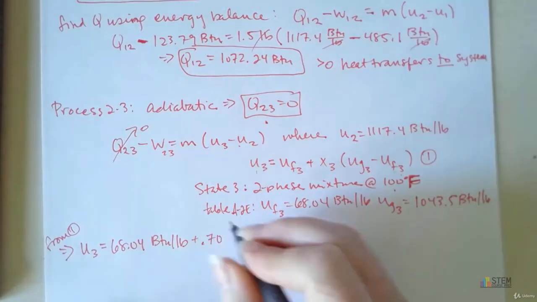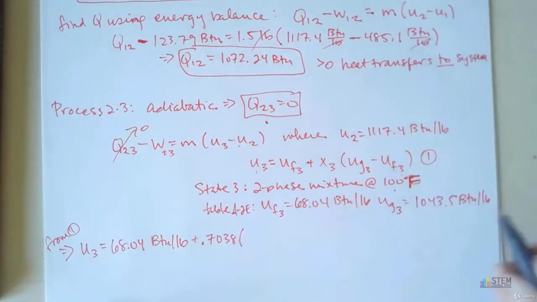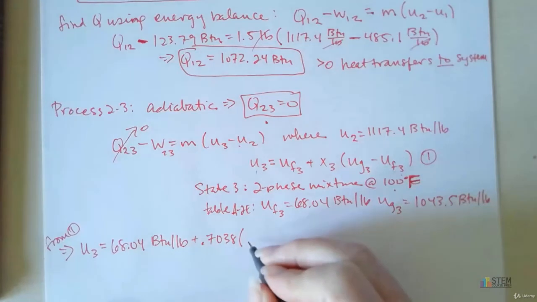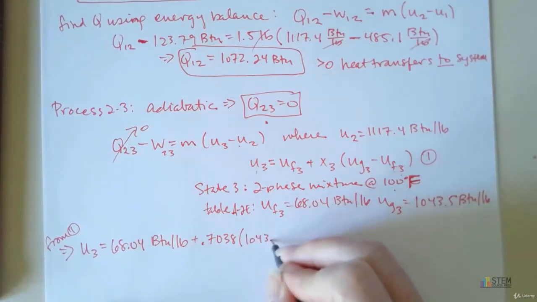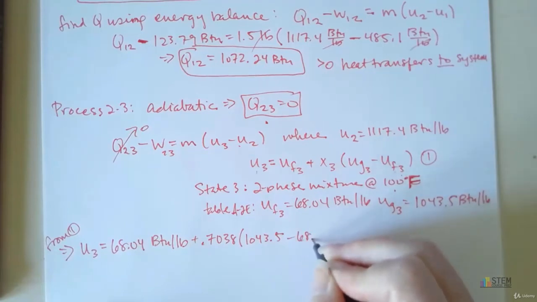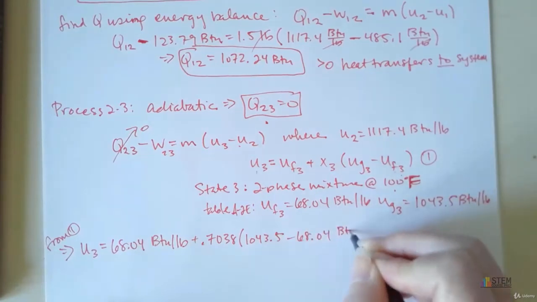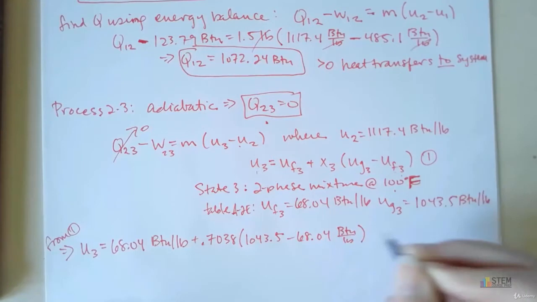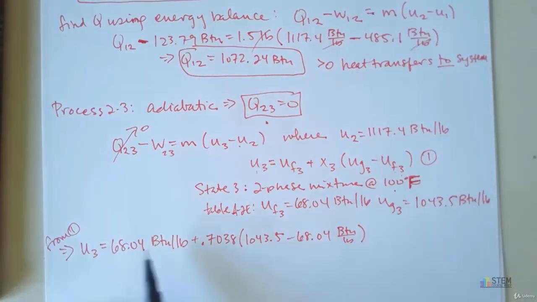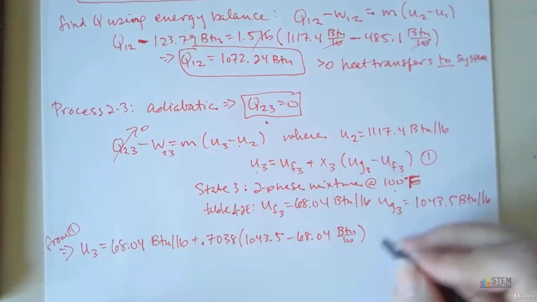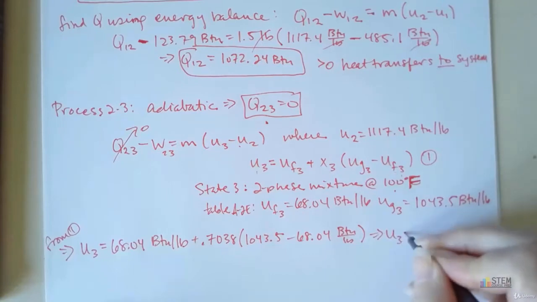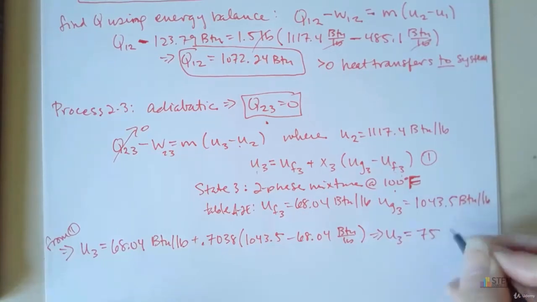So that's 0.7038. Multiply that by the difference between these two specific internal energies. So that's 1043.5 minus 68.04. Those are both BTU per pound. And now we can go ahead and do the calculations to get U3. And that'll give us 754.57. And that's BTU per pound.